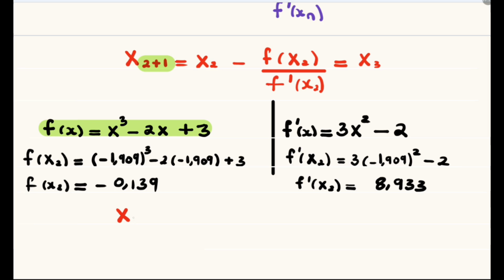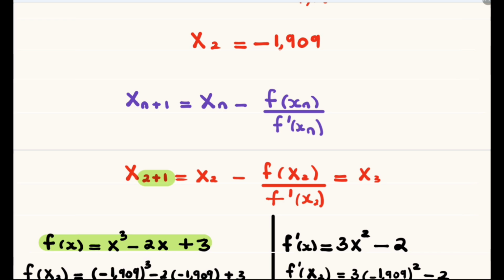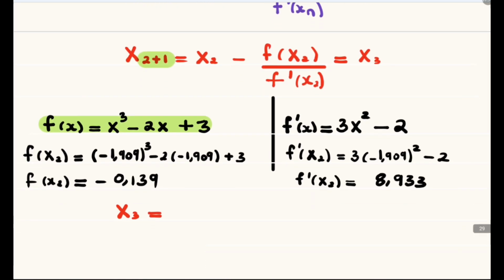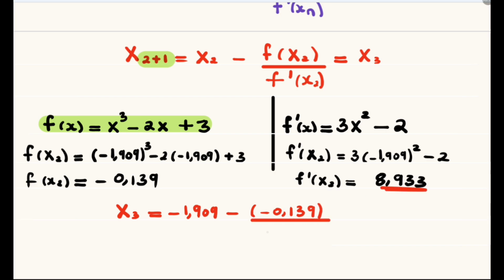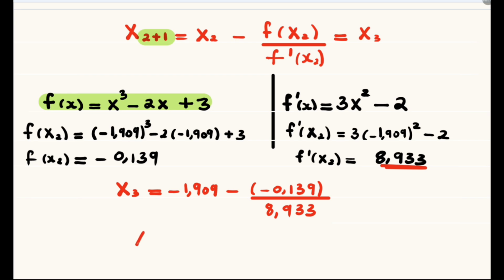So our x3 will be equal x2, which was equal negative 1,909, minus f of x2, which is negative 0,139, divided by f prime of x2, the 8,933, and our x3 will be equal negative 1,893, and this will be our answer.